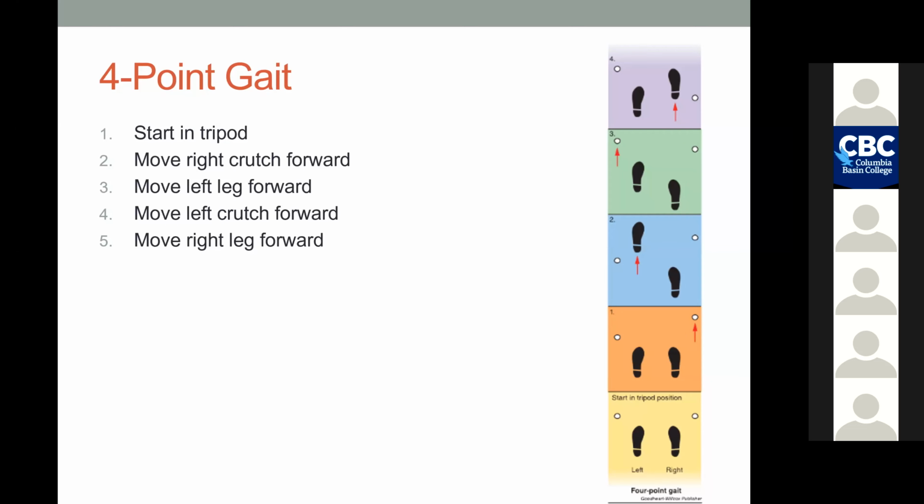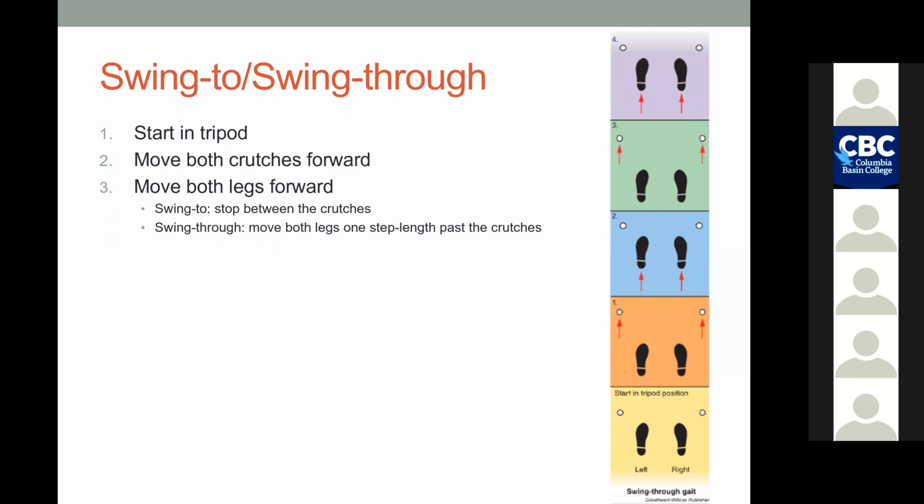4-point is starting in tripod. This is pretty much like 2-point, but you're moving each of your crutches and feet independently of each other. So you move your right crutch forward, left leg forward, left crutch forward, right leg forward. And then there's swing-to and swing-through. They're both pretty much the same except for where you end up. You start in the tripod position and move both crutches forward and both legs forward.